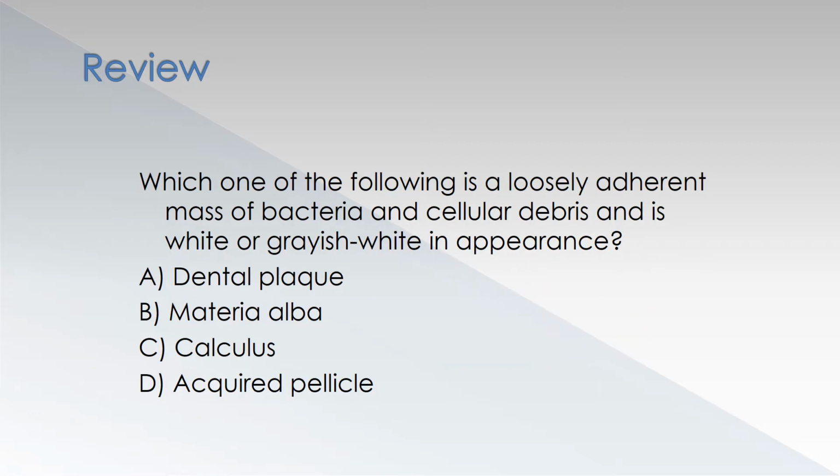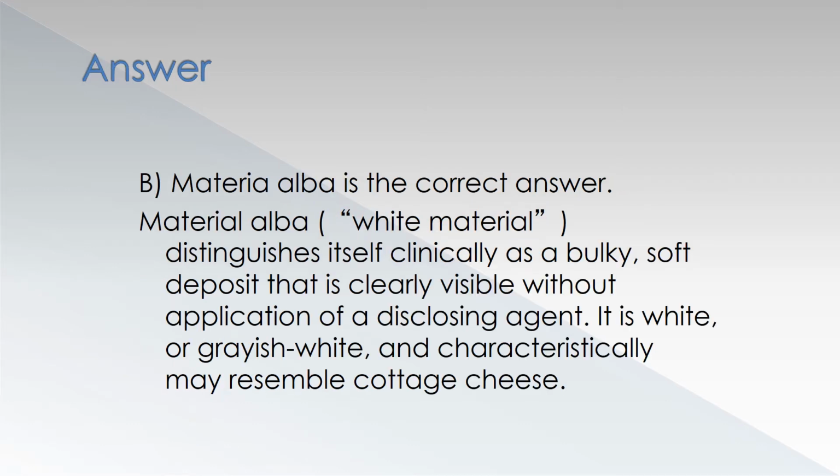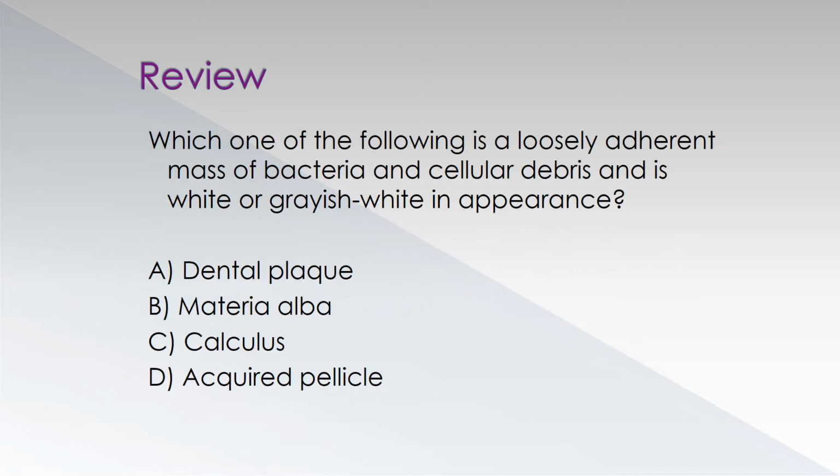Which of the following is a loosely adherent mass of bacteria and cellular debris and is white or grayish color in appearance? Dental plaque, Materia alba, calculus, or acquired pellicle? And the answer is Materia alba. Anytime you see that word loosely adherent, you're going to think white material, okay?